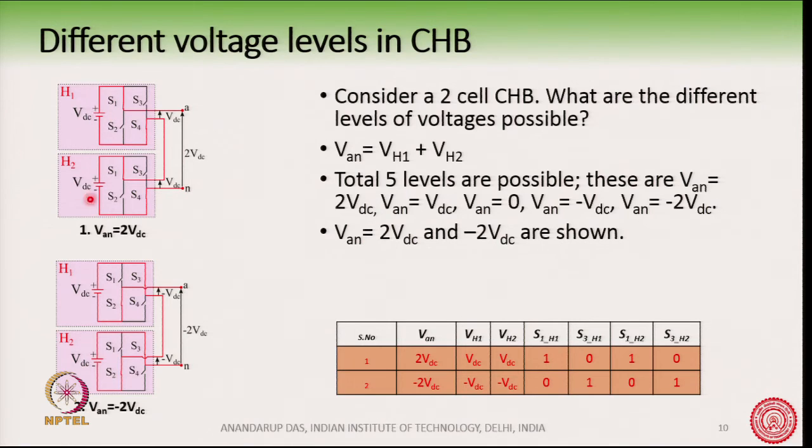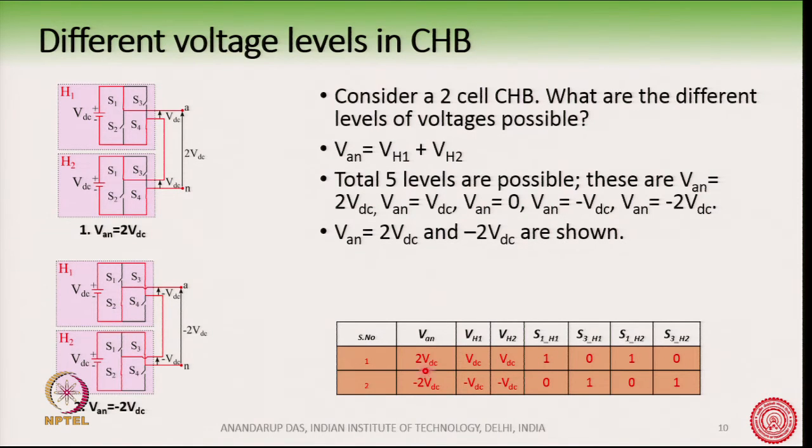Suppose we have a 2 cell CHB, and so the VAN voltage here is, as I had earlier told you, equal to VH1 plus VH2. This is also shown in this table here, the same thing with the detailed switches, the status of all the switches also shown.